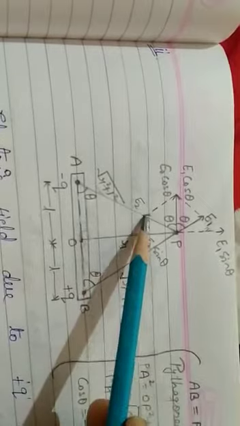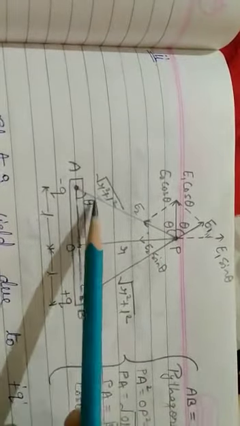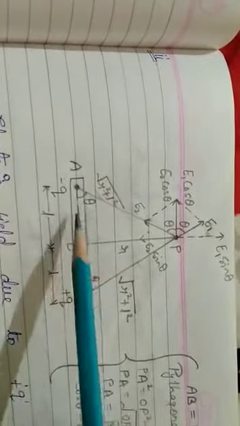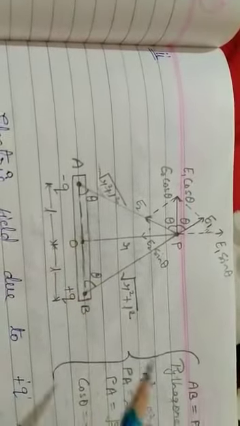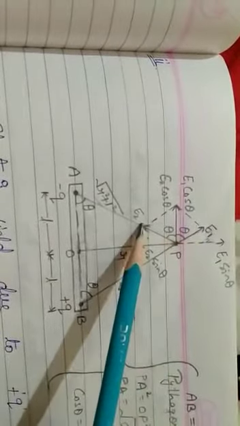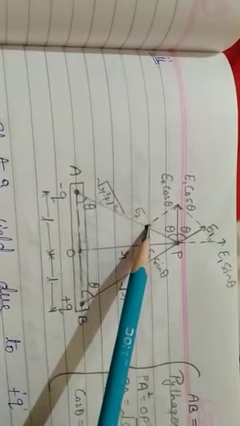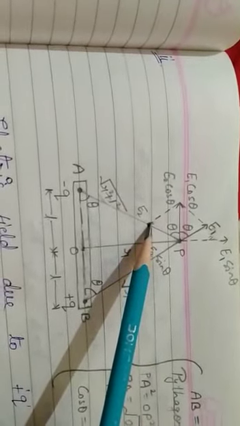This is the direction. Okay, we know here the angles are theta. Now E1 and E2, they both are equal but they both have different direction. So how to find out their resultant?